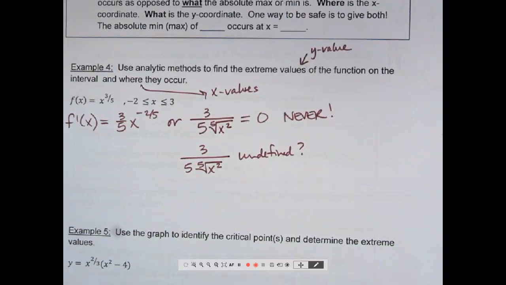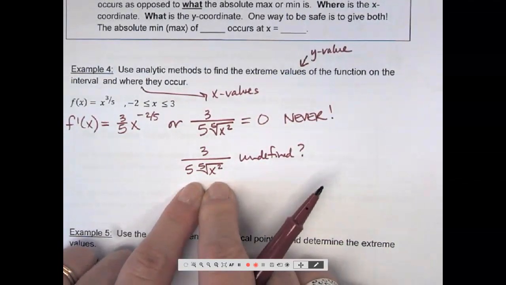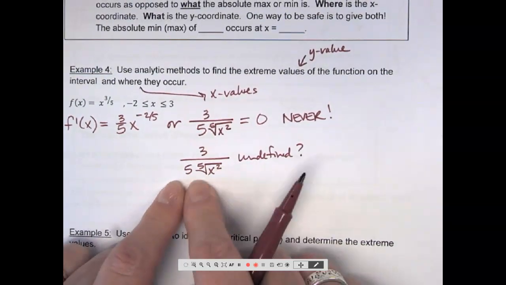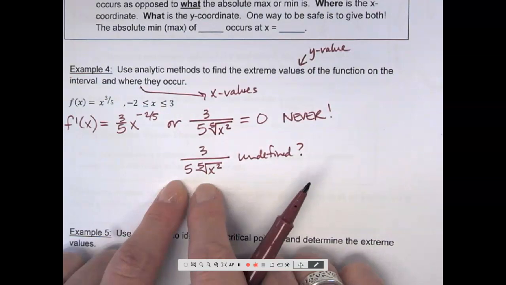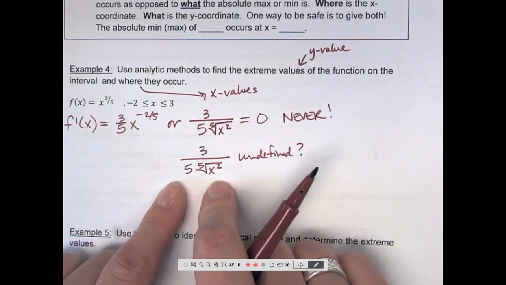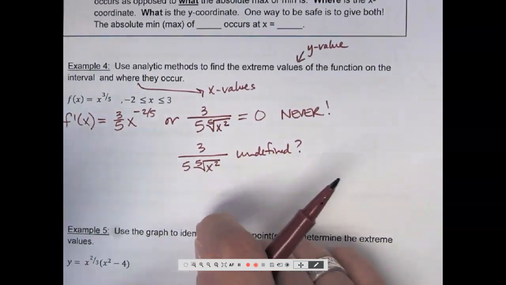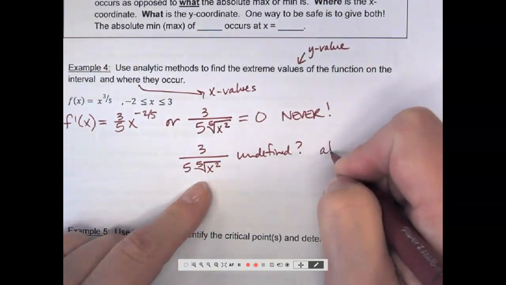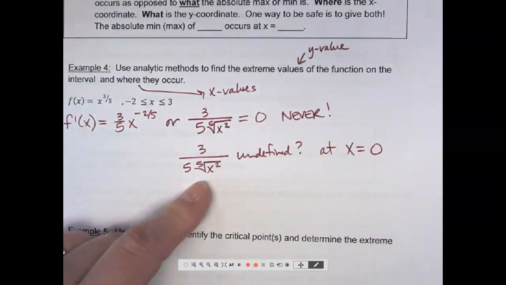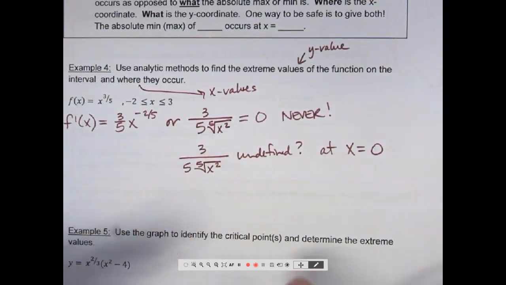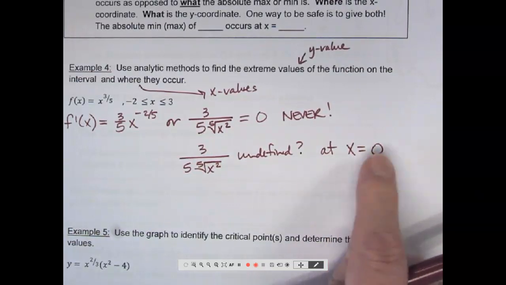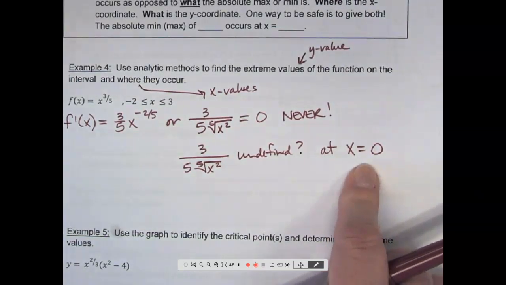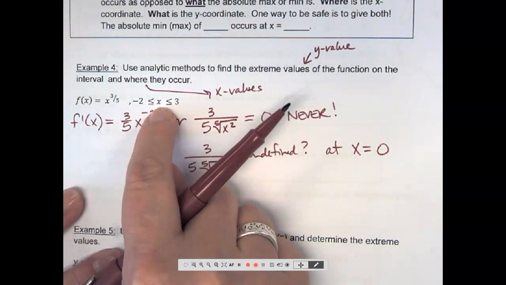That's going to happen when x is what? 0. Can you just look at that and know that x equals 0 would make the denominator 0? If I put some pluses and minuses under that radical or anywhere else, then it's going to definitely change it. But at x equals 0, I will definitely get a 0 in that denominator. So I don't have a place where the derivative is 0. I do have a place where it's undefined. So this is a point of interest. So are the endpoints, because the endpoints might be the highest or lowest.